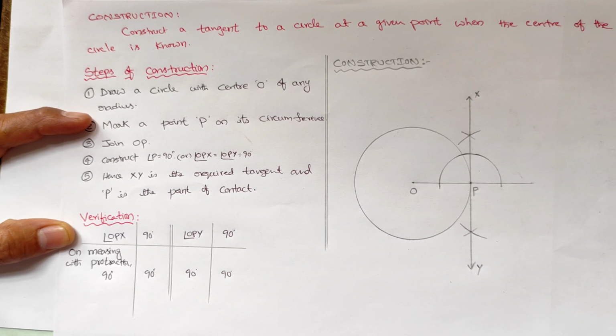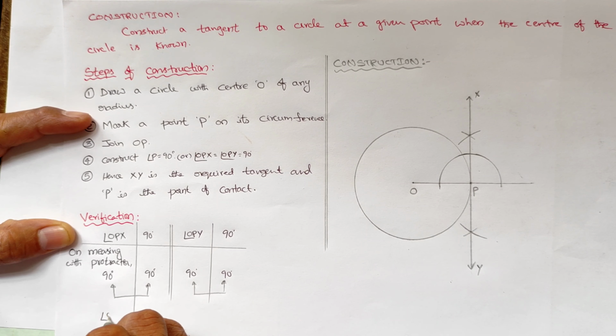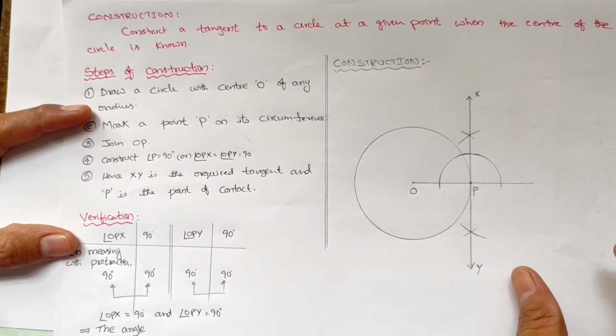That means this value and this value both are equal. Similarly 90 and 90 both are equal. That means we get angle OPX is equal to 90 degrees and also angle OPY is equal to 90 degrees. I think you are not able to see, I will move a little bit up.